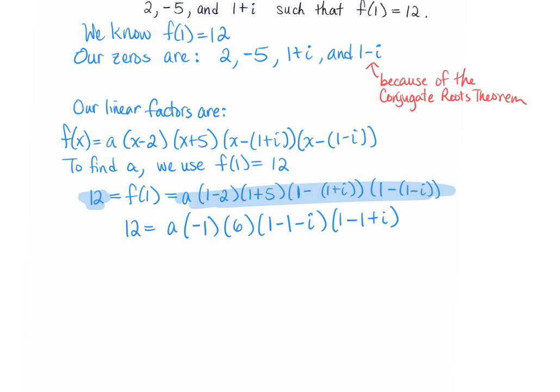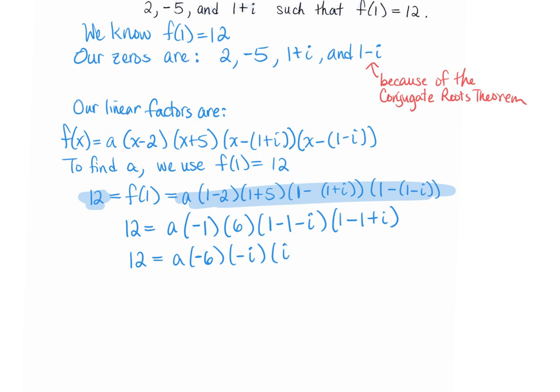So 12 is equal to a times negative 6. Notice I put that in parentheses so it doesn't look like we're subtracting. What's 1 minus 1 minus i? Negative i. Good. What's 1 minus 1 plus i? i. Good.